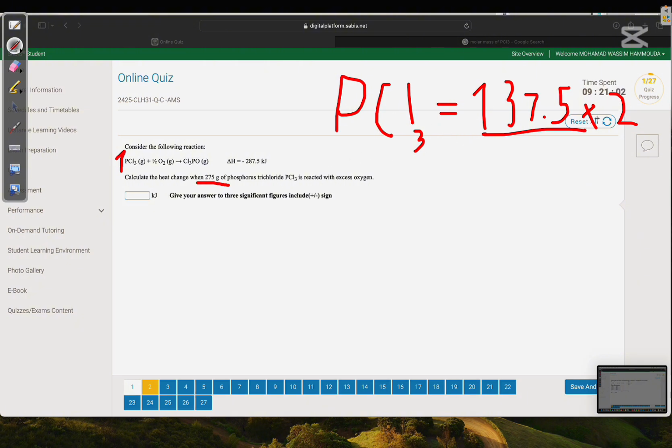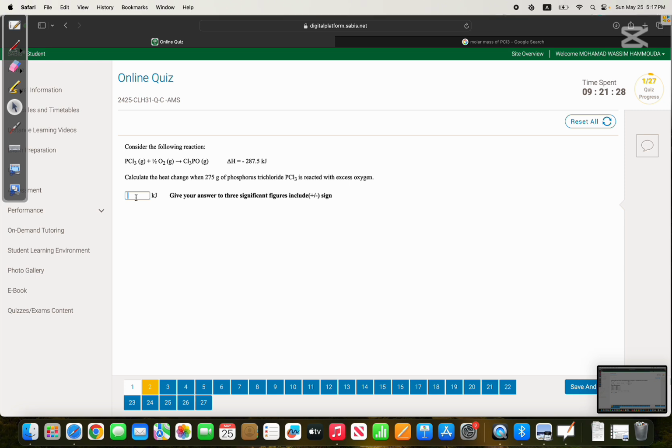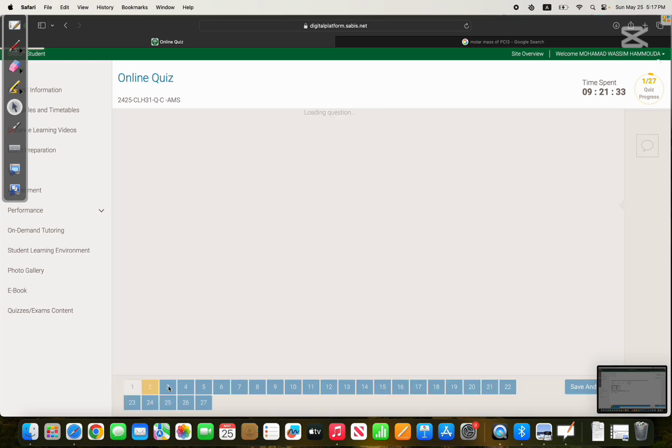We multiply by 2, as we said. So we multiply the heat contents by 2 as well. So negative 287.5 times 2, which is equal to negative 575.